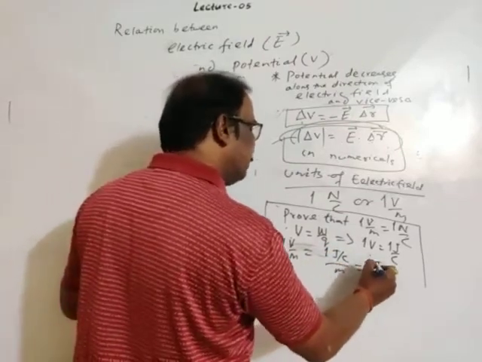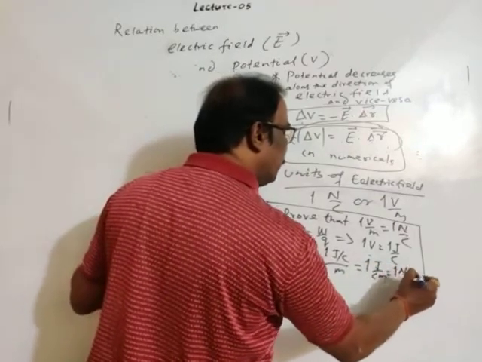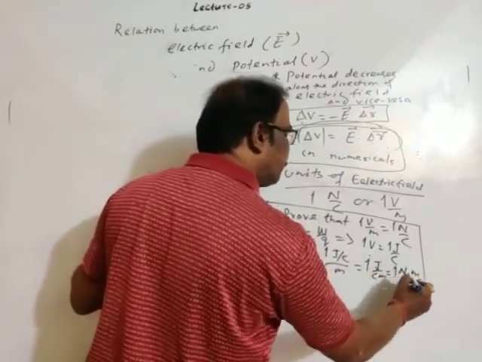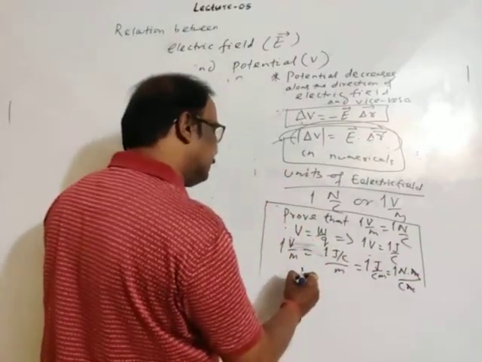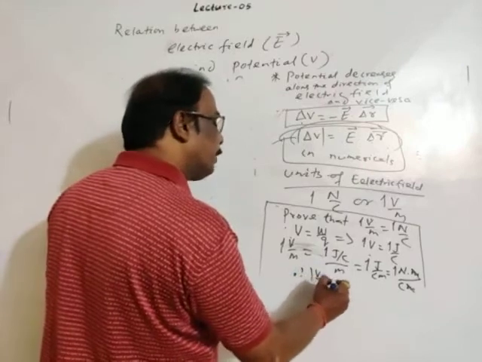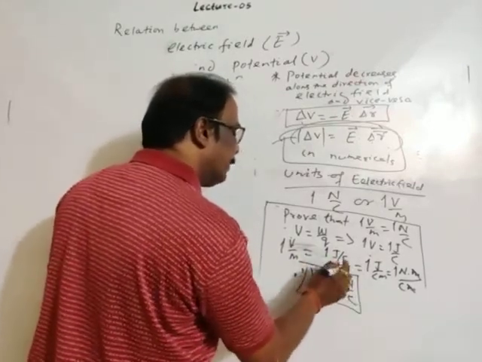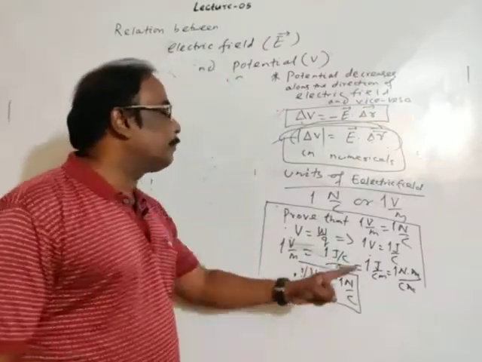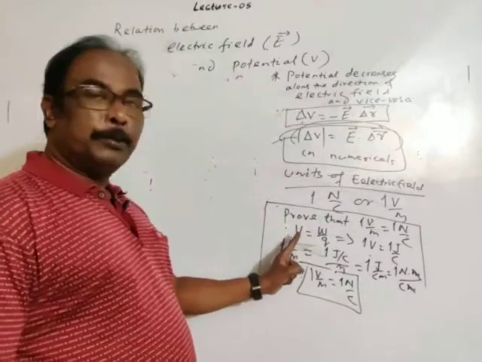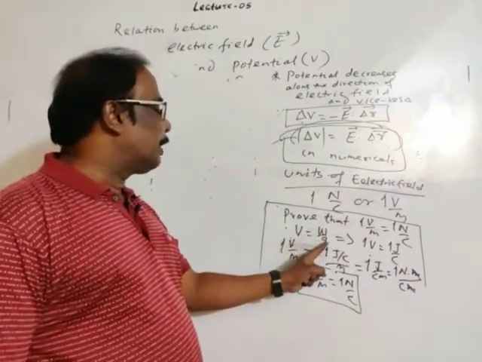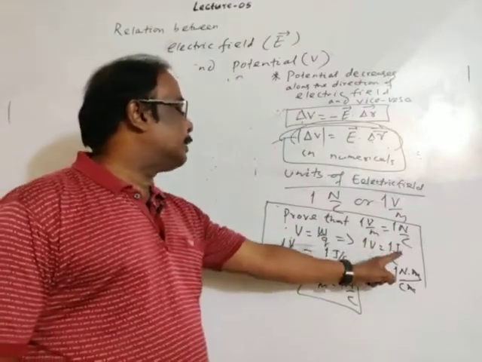Again it is joule per Coulomb meter, and 1 joule is 1 Newton into meter. Newton meter divided by Coulomb meter, meter gets cancelled. Thus 1 volt per meter is equal to 1 Newton per Coulomb. See, too simple. We have proved 1 volt per meter is equal to Newton per Coulomb. Potential difference is equal to work done per charge. Potential difference is volt. Work is joule.